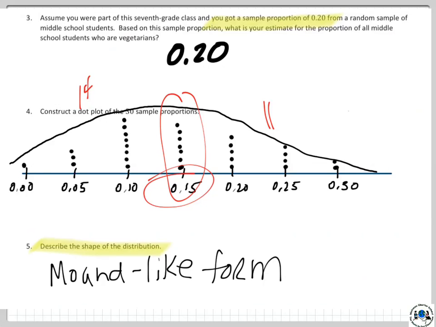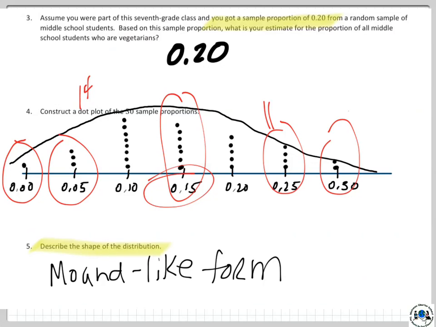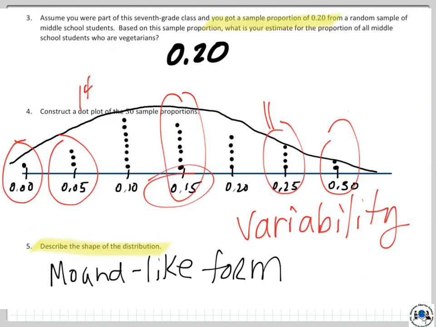Okay, right here, 0.00. That's pretty far. These are pretty far away from 0.15. Okay, so we do have that, but we do have a cluster around 0.15. But again, we have some variability. Okay, we have some variability present here, as we always do.